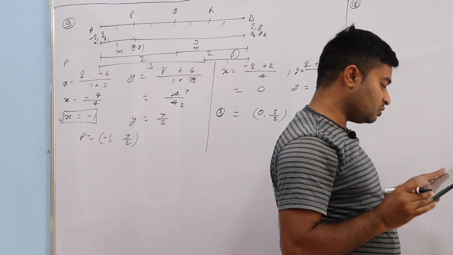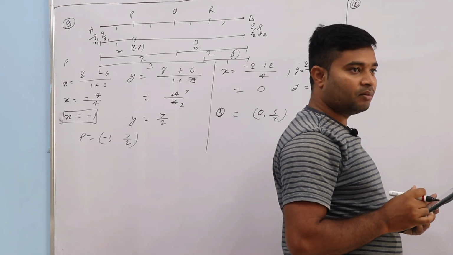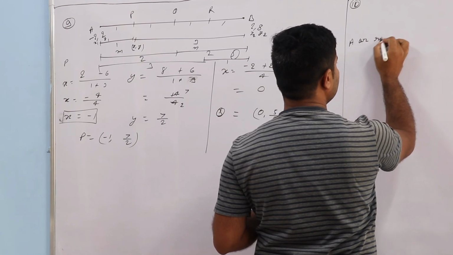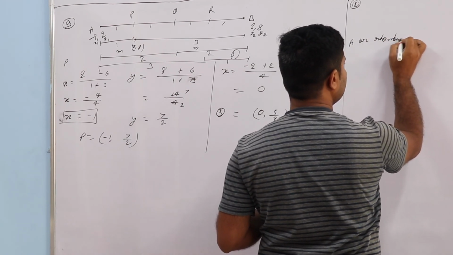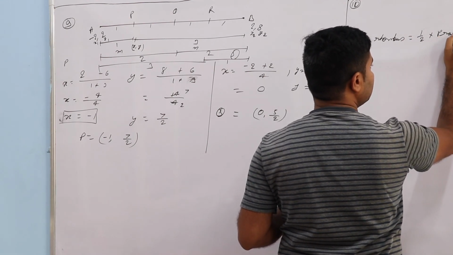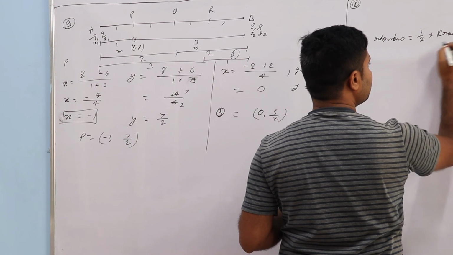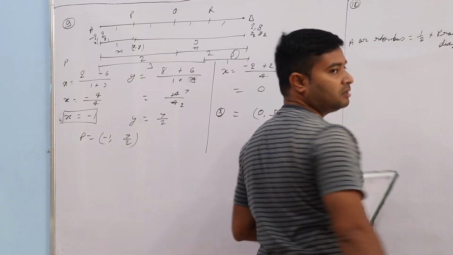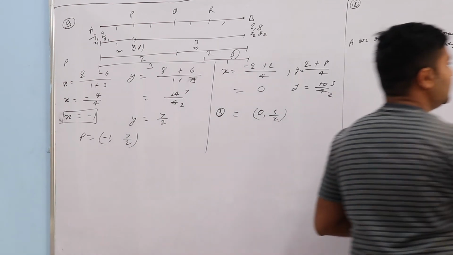So area of rhombus is equal to one by 2 into product of diagonals.